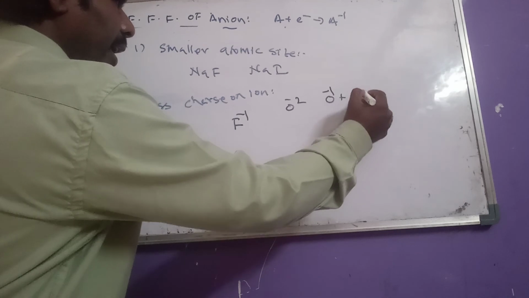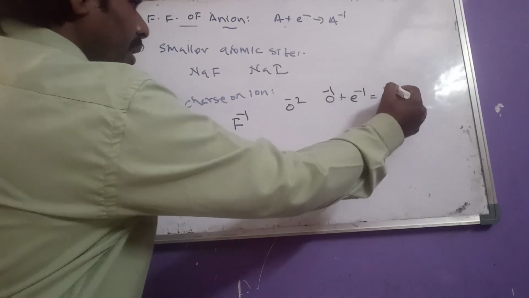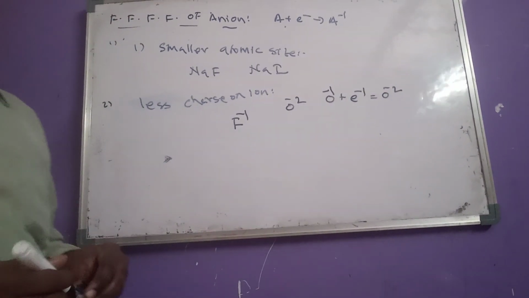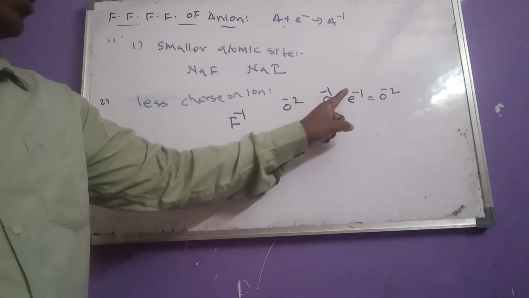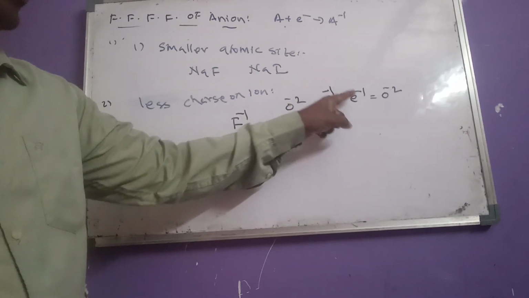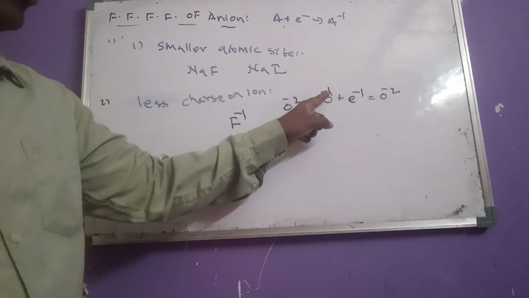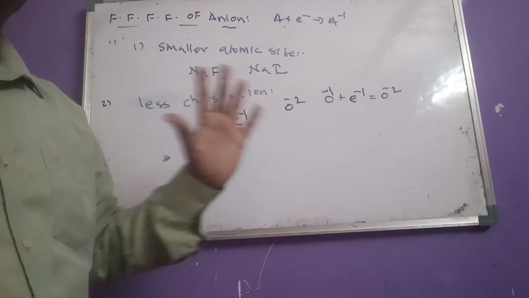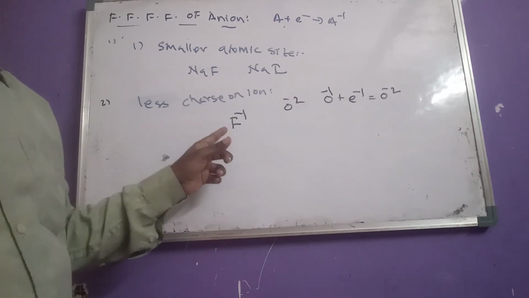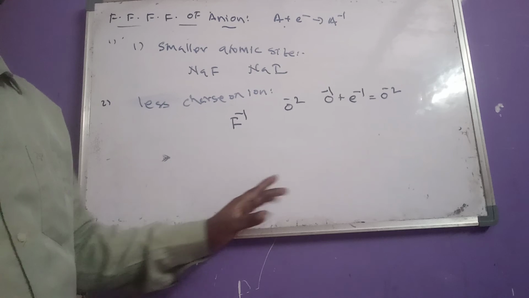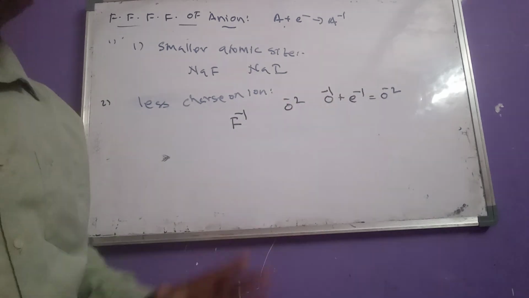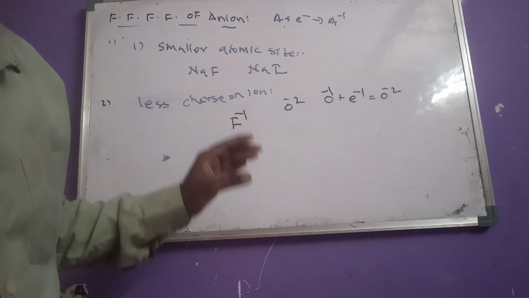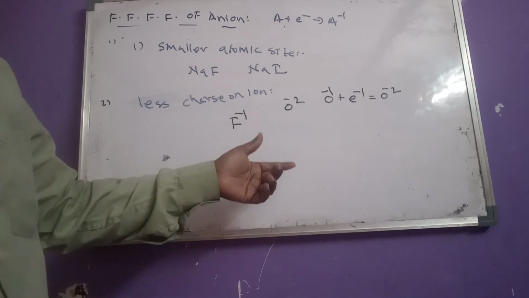Then by adding another electron, we get O-2. But adding a negatively charged electron to O- is difficult. So F- is formed easily compared with O-2. So the anion should also have less charge.